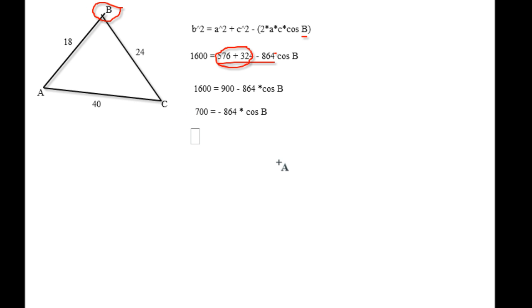So I'm going to go negative 700 divided by 864 equals cosine of B. Okay, now I can do arc cosine to both sides.